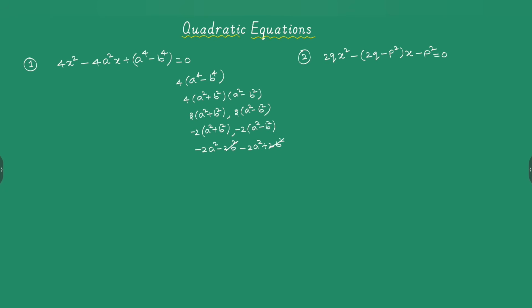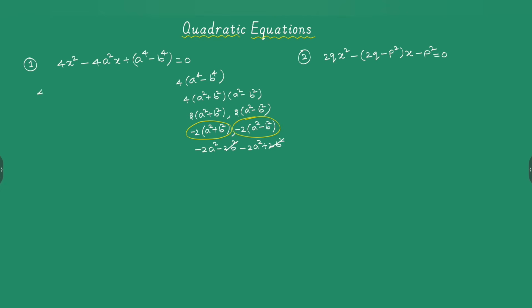We will be having minus 4a square, which we want in the middle term. So this is one factor, minus 2 of (a square plus b square), and this is another factor, minus 2 of (a square minus b square). So we have to split it now.